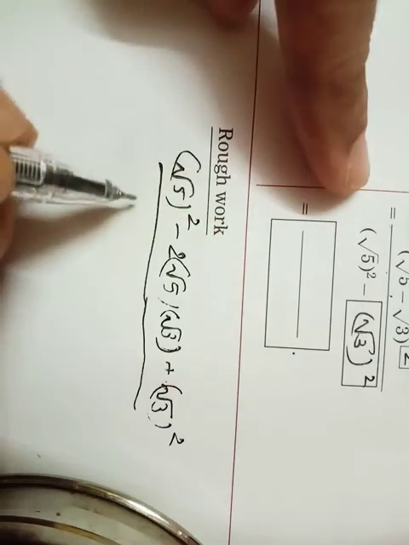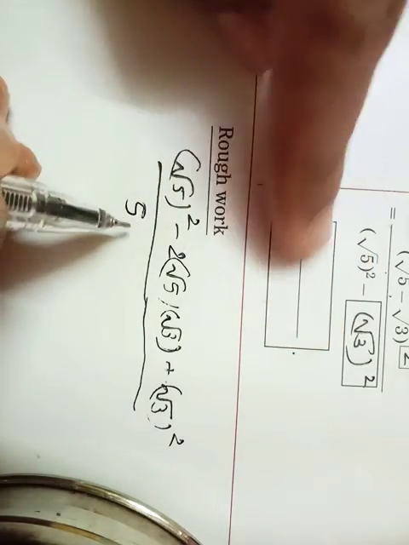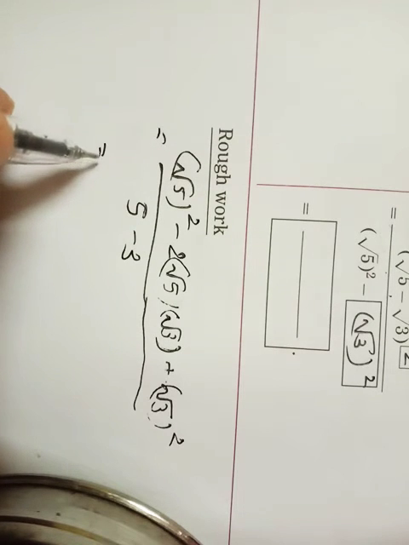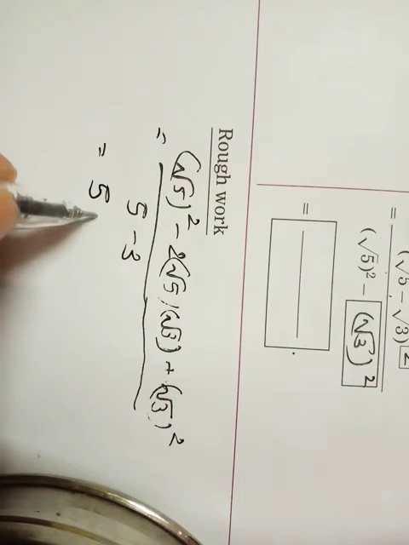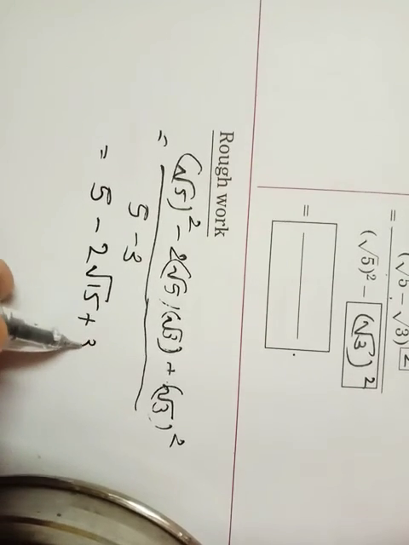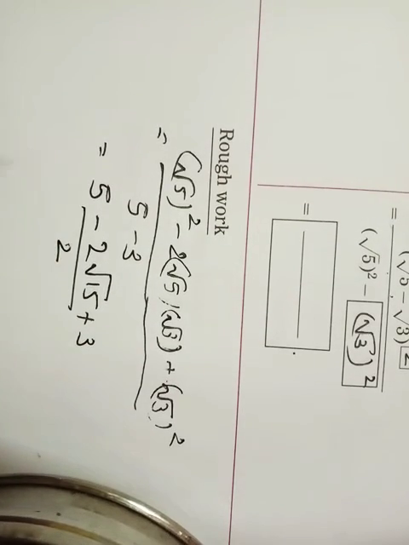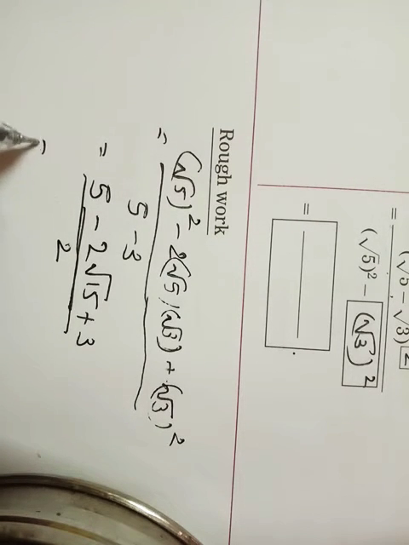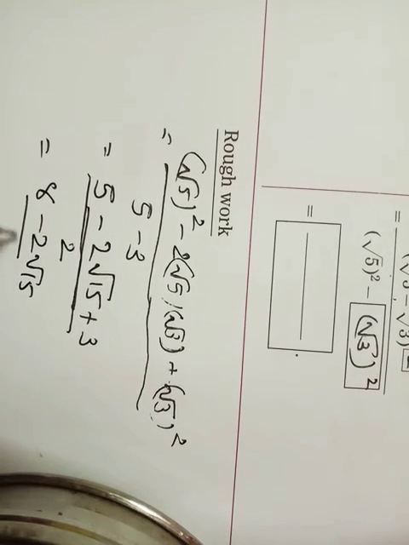Root 5 square will be 5 and root 3 square will be 3. Correct? So when you solve further, it will be 5 minus 2 root 15 plus 3 upon 2. So we will have 5 plus 3, 8 minus 2 root 15 upon 2.